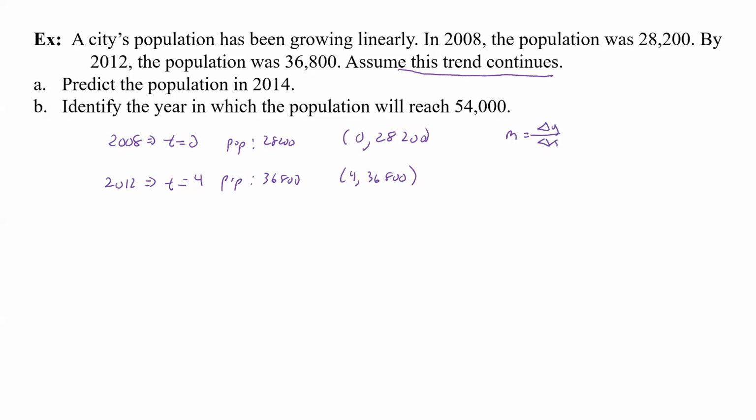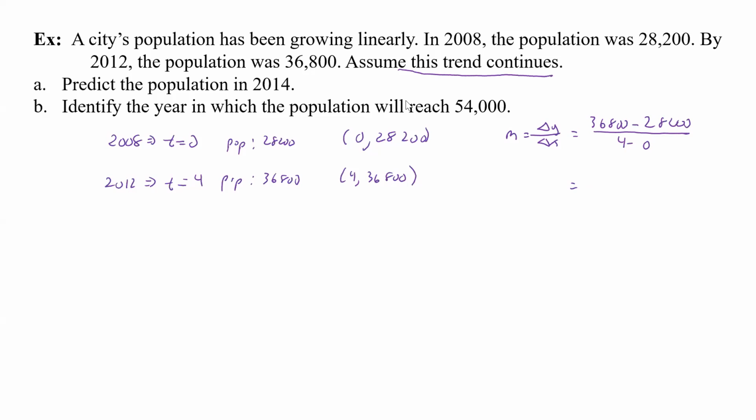Remember, slope is the change in y over the change in x. So for the change in y, I'm going to take number 2 minus number 1. That's 36,800 minus 28,200 over 4 minus 0. Now if we subtract those, we can divide by 4. We can do that on a calculator.